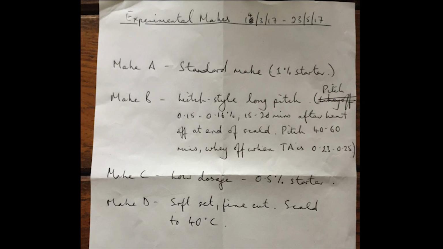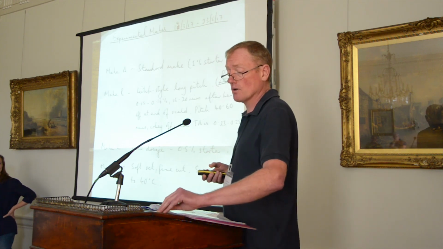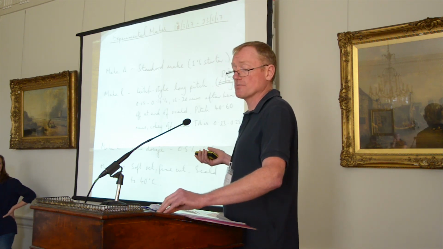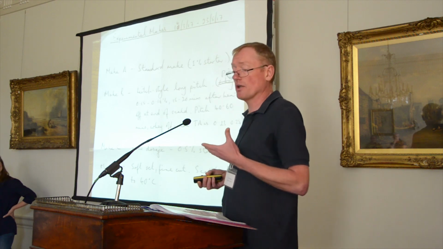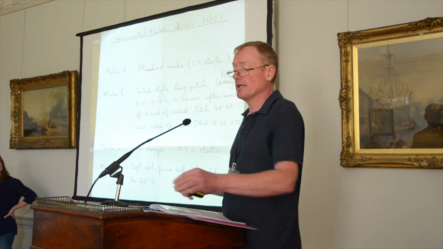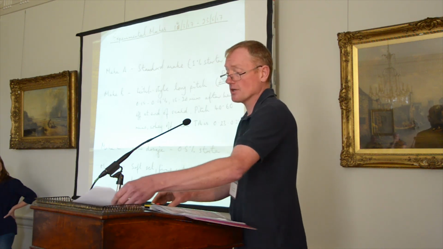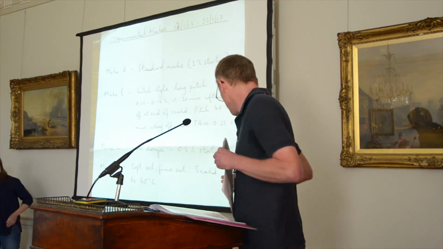And make D was trying to bring about a drier and firmer cheese, as it was becoming quite clear that those types of cheese were particularly well graded. So then it's just a matter of waiting till the cheeses are graded, and then we can see if any patterns emerge. In the meantime, I can get on with another round of experiments, and Bronwen will now explain what happens next.